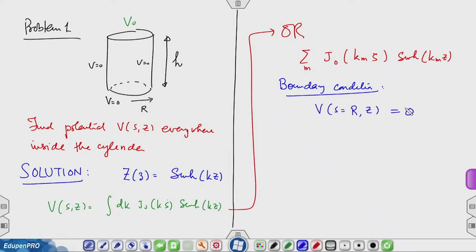On the side surface the potential vanishes, and therefore, all Bessel functions must vanish at s equals r, and this implies that k m s at s equals r, that is k m r, should be equal to a zero of the Bessel function J0 x.